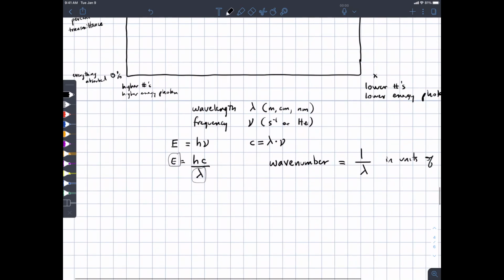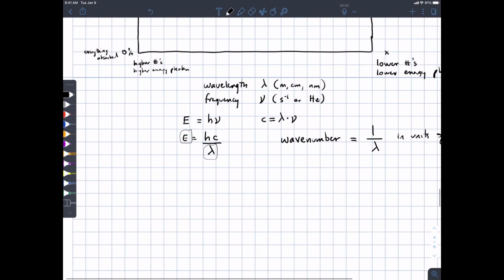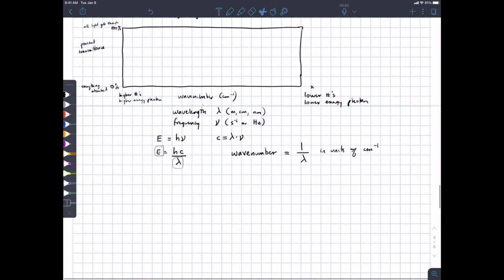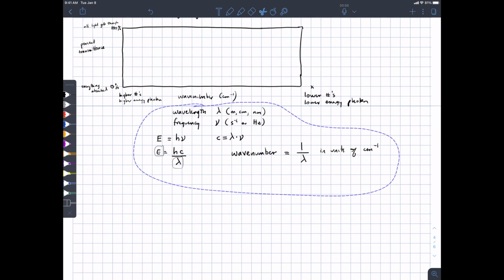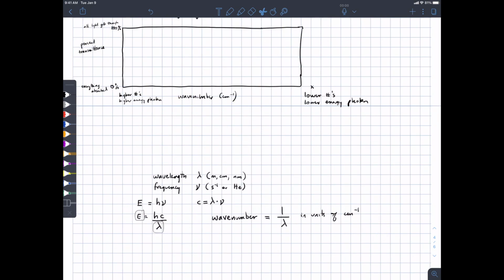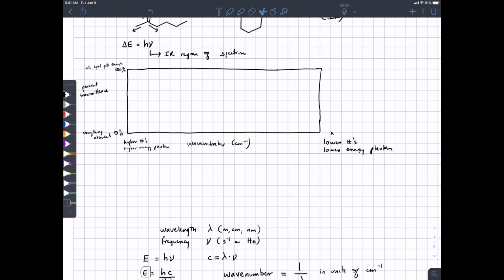So what you're going to see on the x-axis is this thing, wave number, in inverse centimeters. But just realize that's a number that's directly related to energy. The larger the number, the higher energy the photon. All right? It's weird, but that's what we're dealing with. The spectrum you will typically see will be from around 800 inverse centimeters to about 4,000 inverse centimeters.